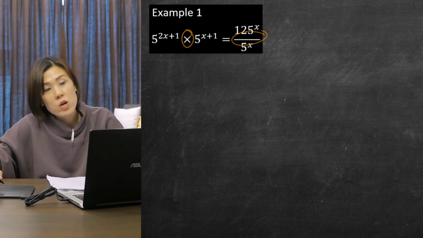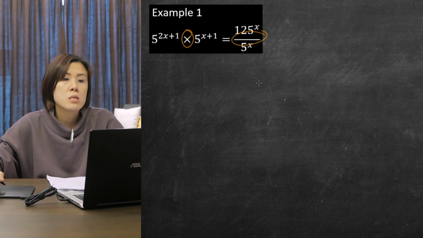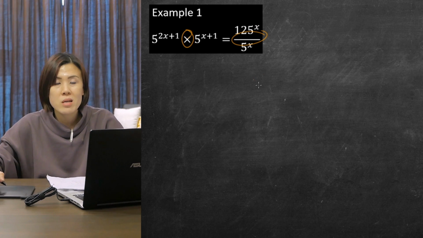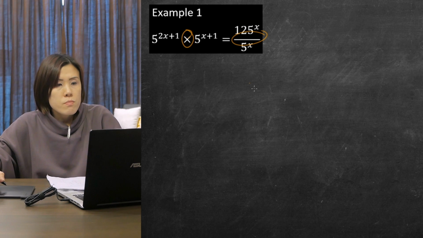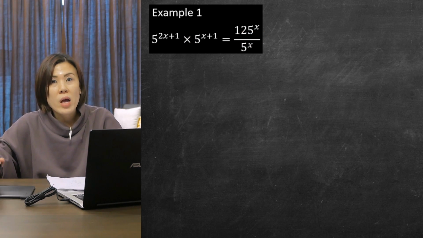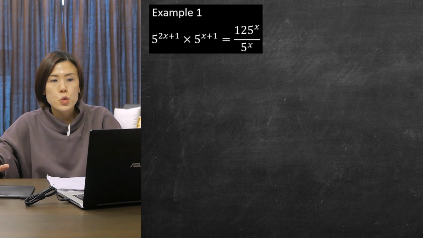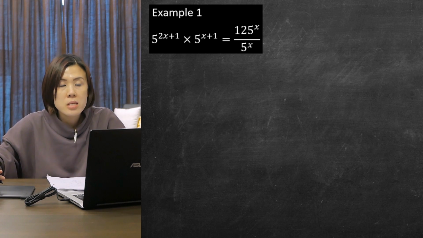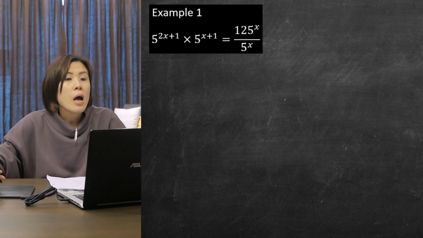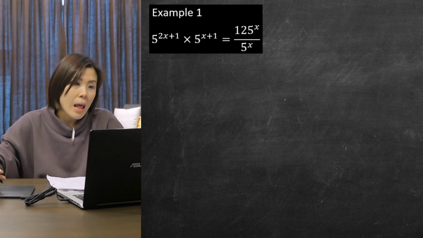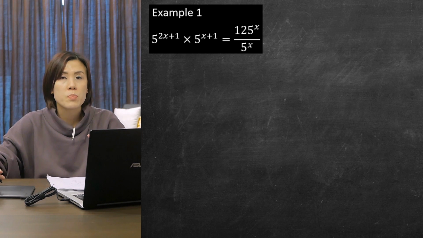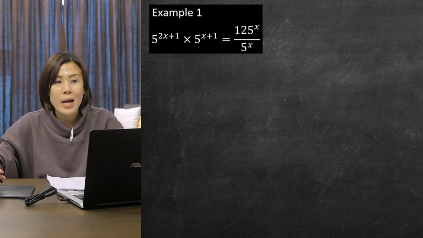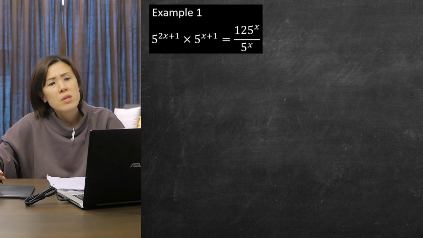So when you have equations that involve multiplications and divisions between the indices, we have to think of a way to combine these two indices as one index if they have the same base. In this situation, you can see that on the left side, both indices have base 5. So on the left side, we can combine these two as one by adding their power.